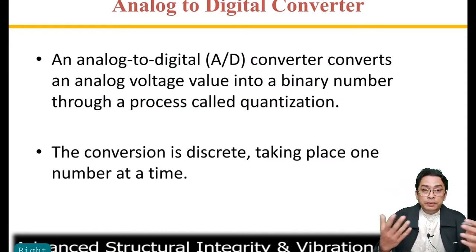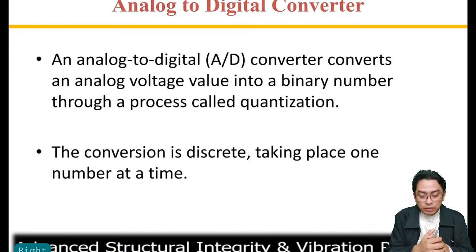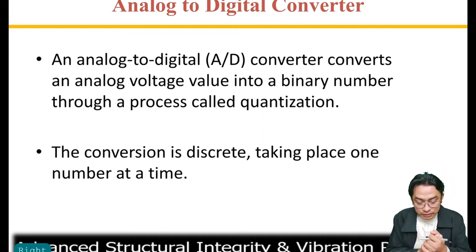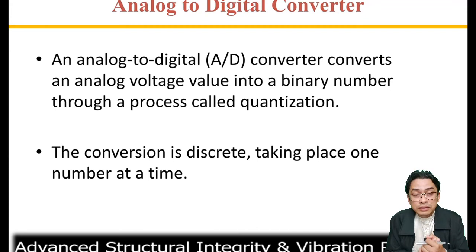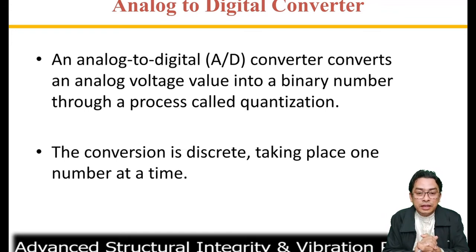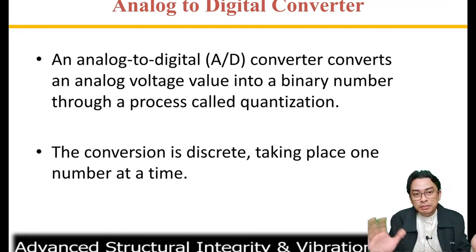Now we will go into further detail on the analog to digital converter. It's actually hardware that converts analog voltage into a binary number, which we call quantization. We quantize the signal from the analog signal. Like I said, the analog signal can be random, can have a sharp peak, can be very low frequency, can be many things.